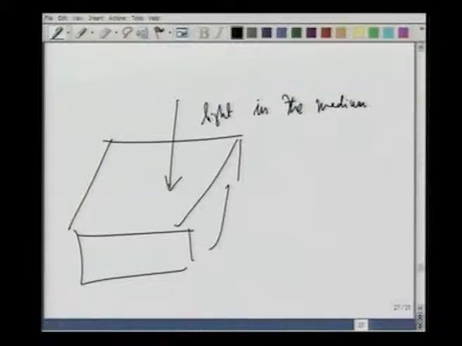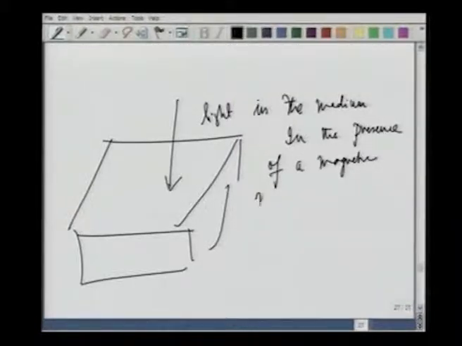One thing that he found was that you take this material and you switch on a magnetic field. This material is a magnetic material. So in the presence of a magnetic field, the polarization of light in the medium changes.